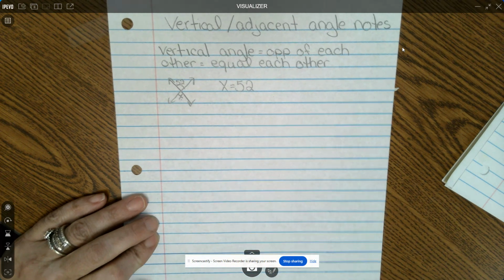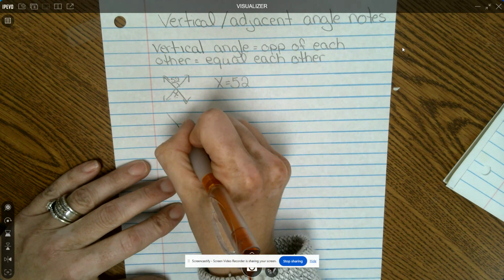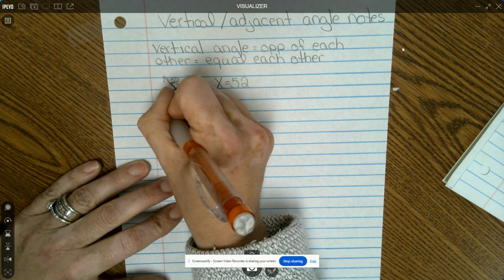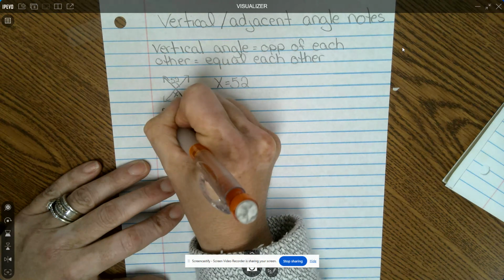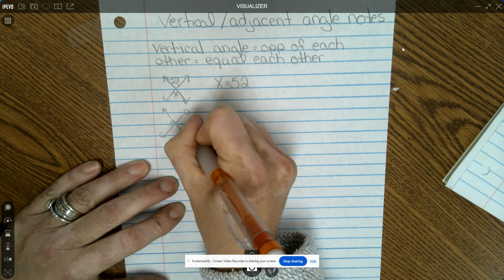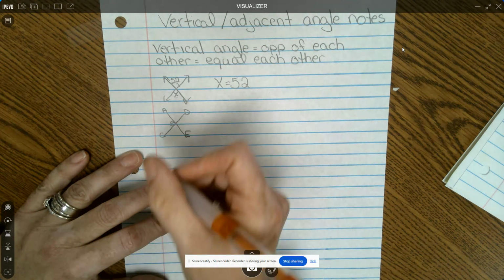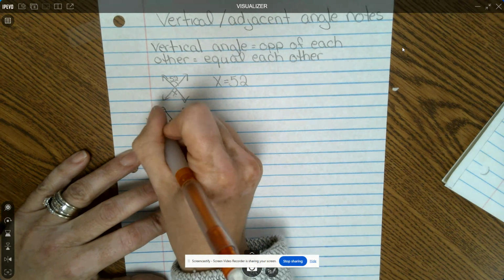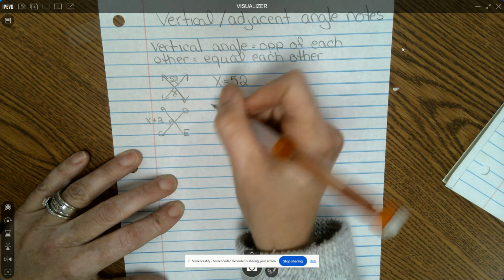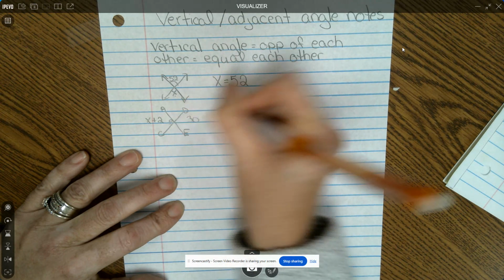All right, is it always going to be that simple? No. Let's take a look at this guy. So I have A, B, C, D, and E. And I'm going to say x plus 2, and I am going to say 30.